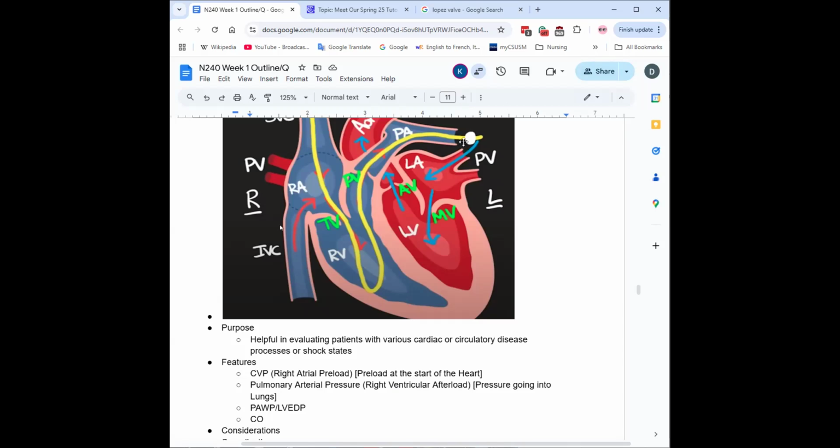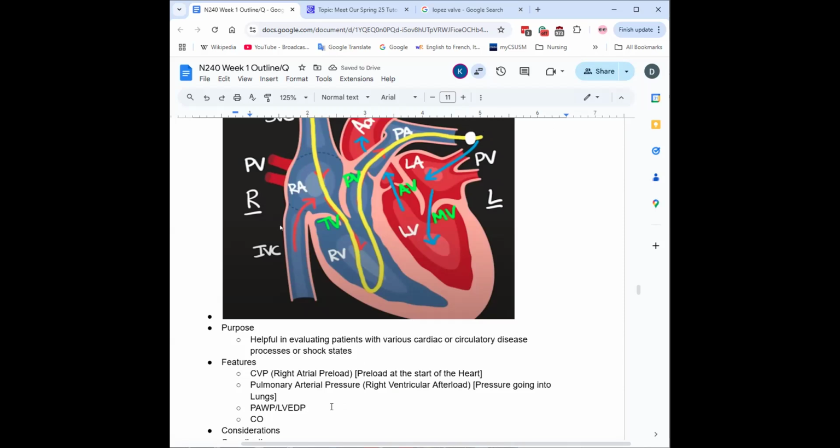So kind of think about the balloon here. Let's say you're able to measure the pressure past it. If you wedge it out, you no longer get the readings from whatever's behind. I know that's really confusing. Essentially, you just got to know that the balloon being active in here is going to allow us to get an estimate of the pressure in the left side of the heart.